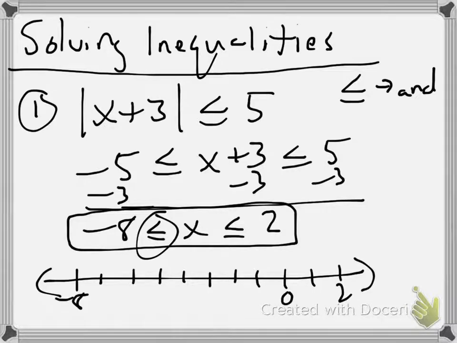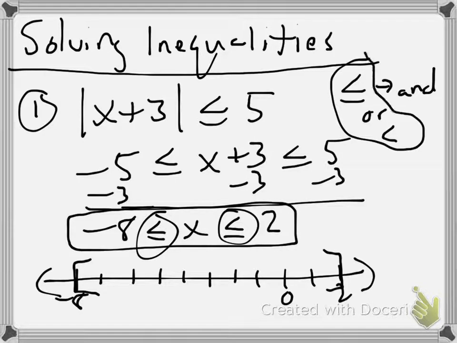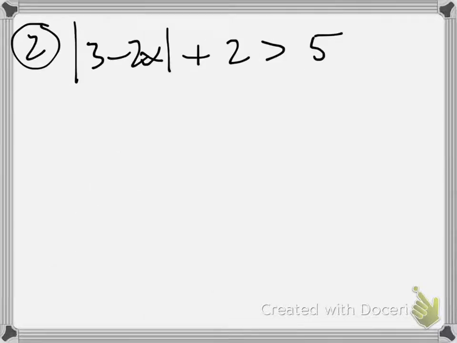Now, because these are or equal to, we put brackets on either end. Okay? So, the less than or equal to, you're going to create an and statement.